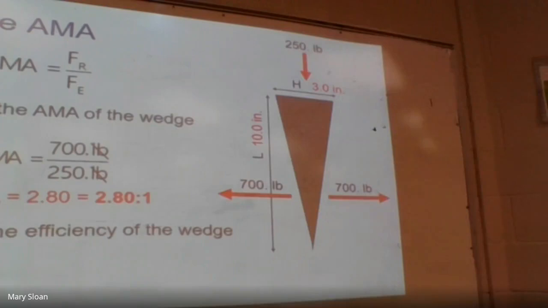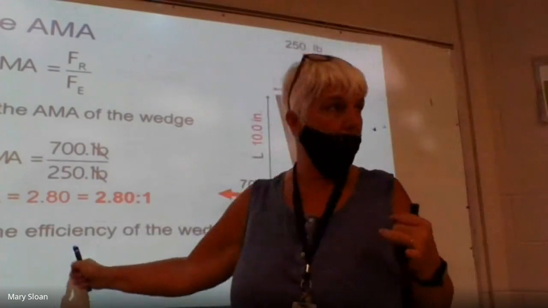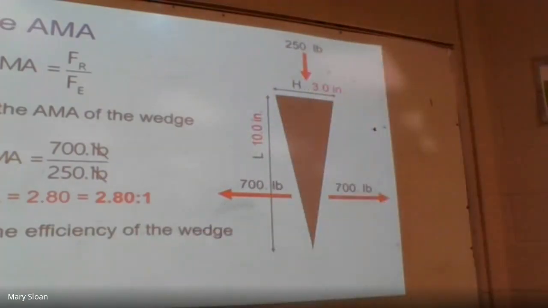Okay, what is the efficiency? What are we going to do this time for efficiency? Same as what we did before. You're going to take your AMA divided by your IMA times 100. So go ahead and do that. Wait, is the IMA on top?